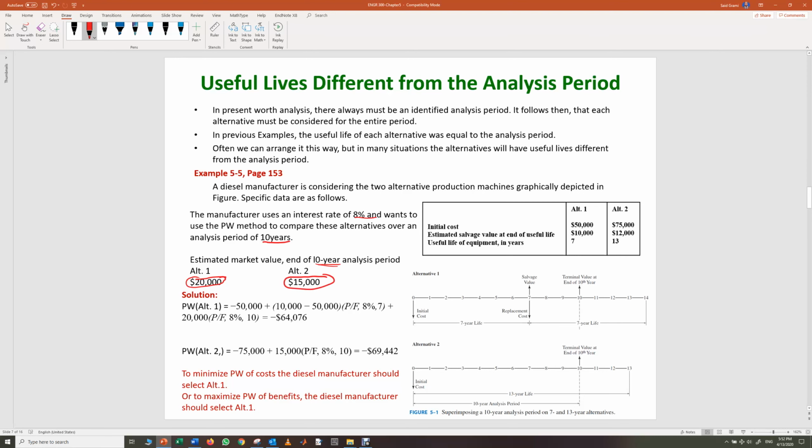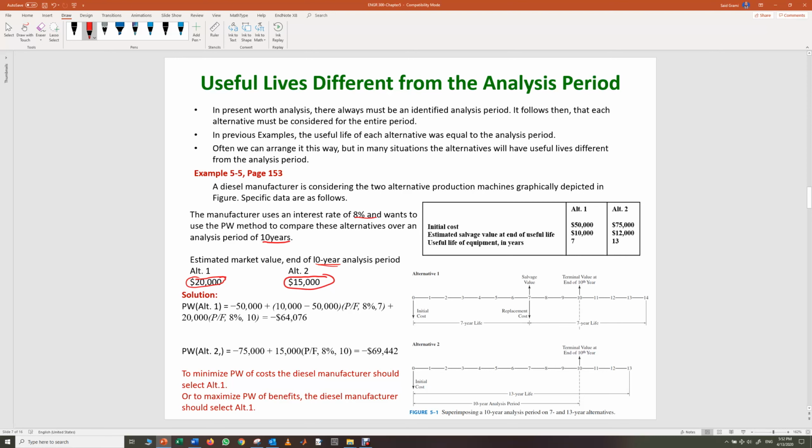So the salvage value is 10,000, and you have to buy another machine to continue the 3 years. Okay, so 3 years here, and this is the salvage value, and this is the value in the market after 10 years. Of course, it's the market value after 3 years of the machine, of alternative number 1.